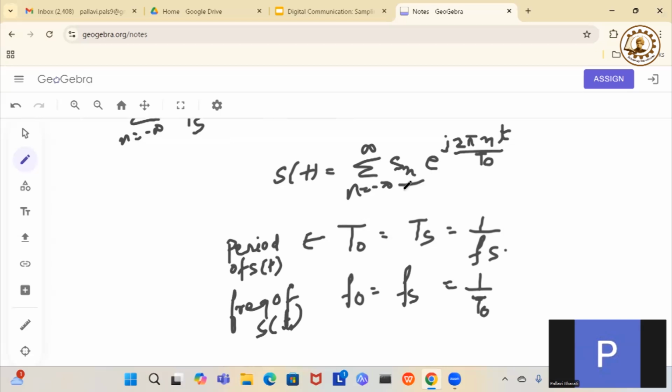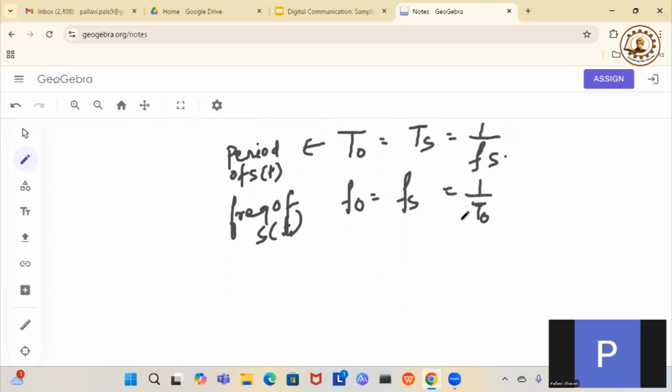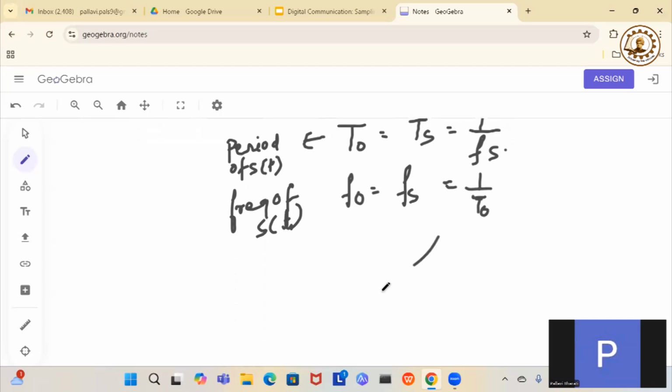This Sn is your Fourier coefficient. If you solve for the expression for this Fourier coefficient Sn, it is going to be Sn is equal to A tau by T naught. A is your amplitude, T naught is your period, and tau is the pulse width, right?